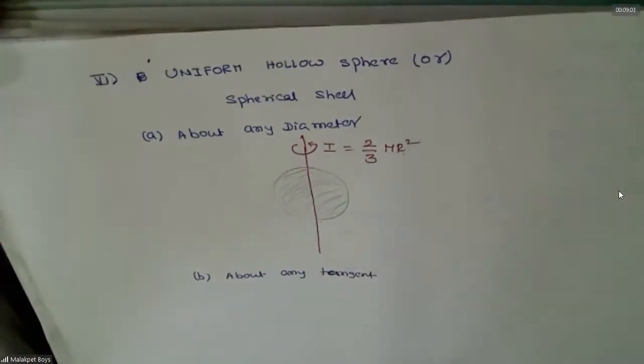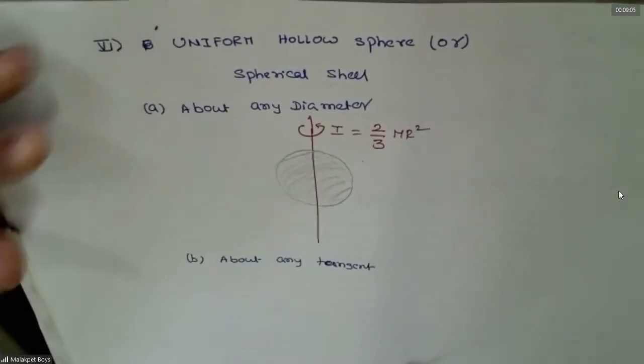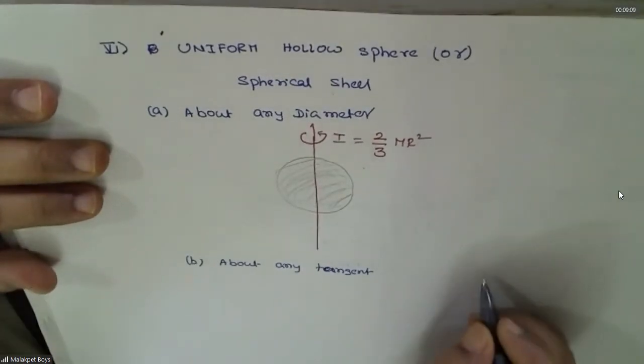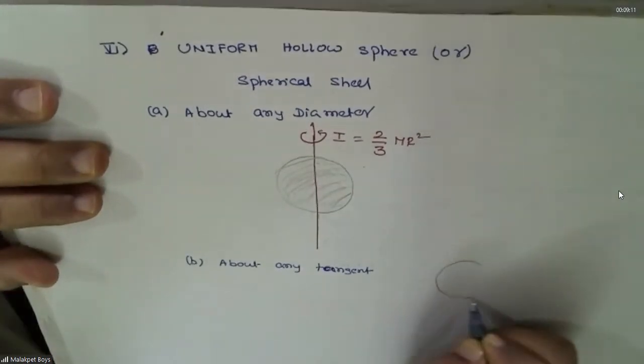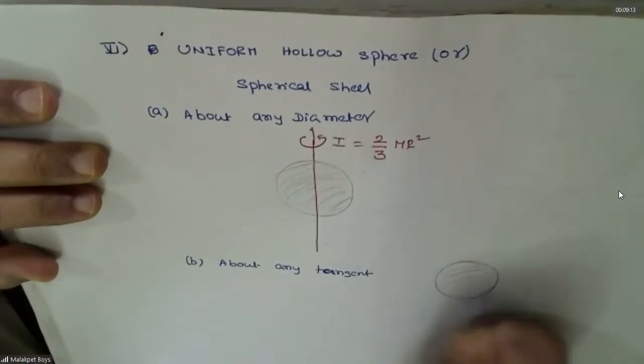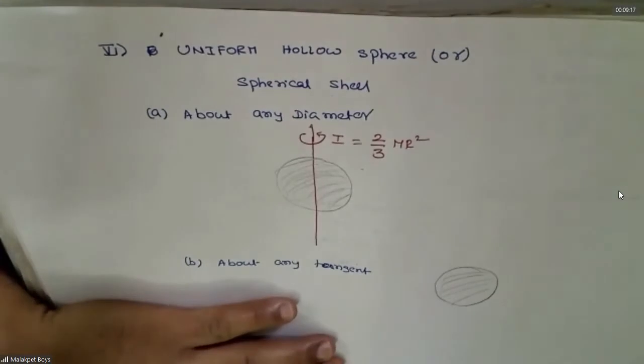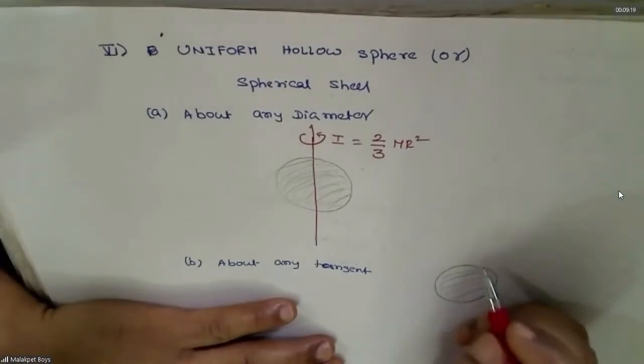It will be helpful for doing problems. For the sphere and all, we will never use derivations, only the result. In the theorem it is given, but you don't require it.